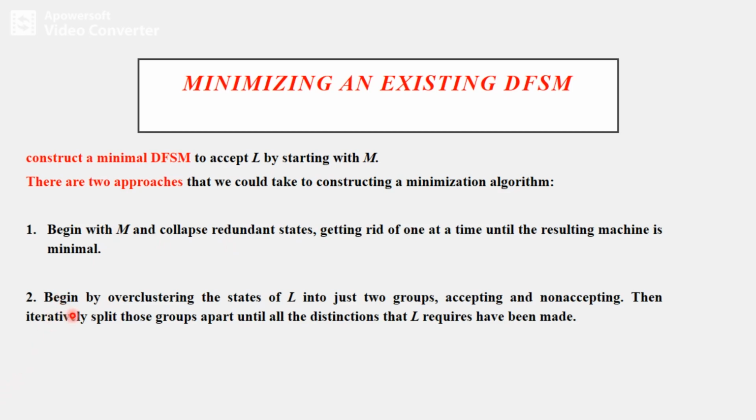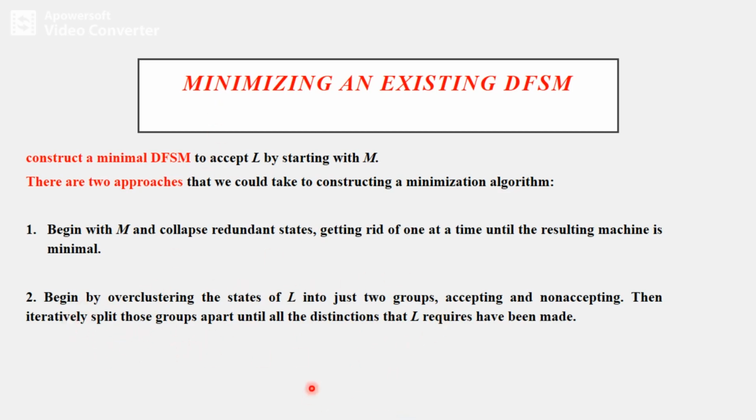In the second approach, you begin by over-clustering the states of M into just two groups, accepting and non-accepting, and then iteratively split those groups apart until all the distinctions that L requires have been made. Let's understand this approach.